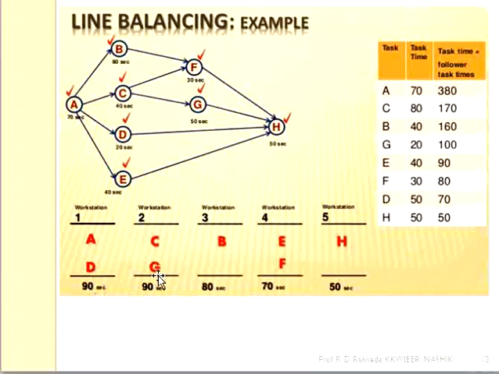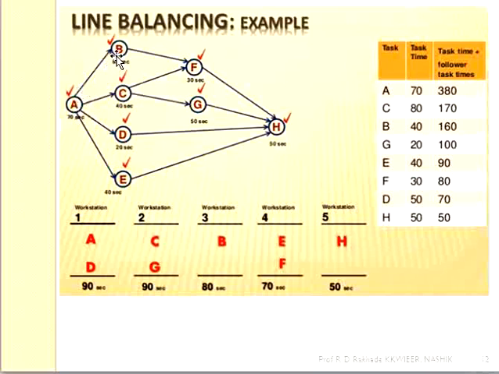In a similar way we can fill the other workstations also. So C plus G. We follow a rule that a workstation should have tasks not more than the cycle time, 90 seconds, as well as we consider the most successor tasks for fulfillment. So we do not directly jump to A plus H or A plus G; we check one by one.